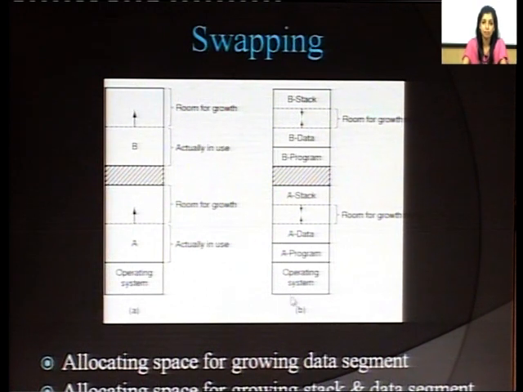So in this way, with the operating system, A program, A data and A stack, a single program needs more and more space during its execution. We allocate space for a growing data segment, and for a growing stack and data segment.